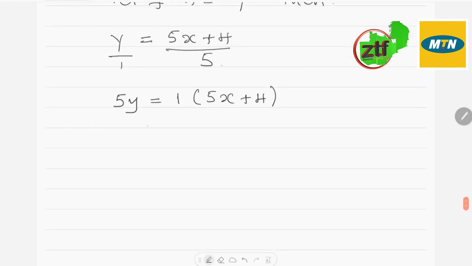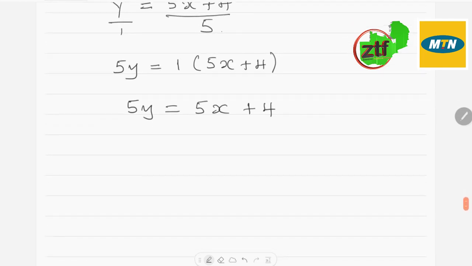So expanding that will give me 5y equals 5x plus 4. And therefore, I can write this expression as 5x plus 4 equals 5y.